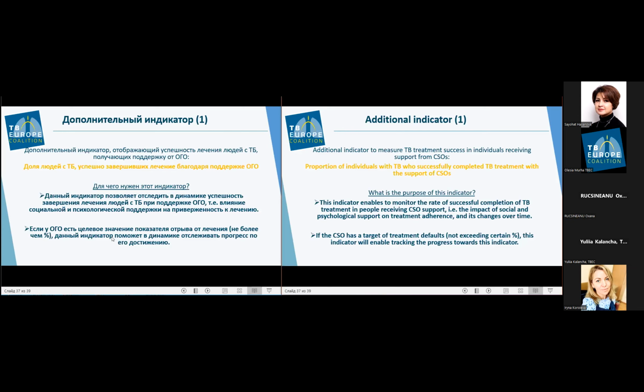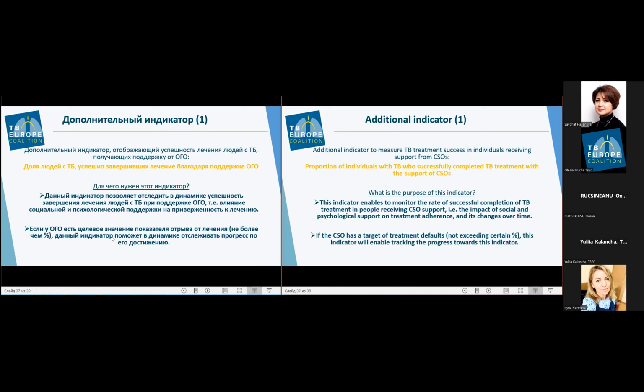I have a very short comment before we switch to the next slide. I'm thankful to Sayahat for the correct question, and we suggested, when we were discussing quantitative indicators 3 and 4, that we involve M&E specialists, because this comment exists in the algorithm. It is not mentioned in the presentation, but it is included in the document.